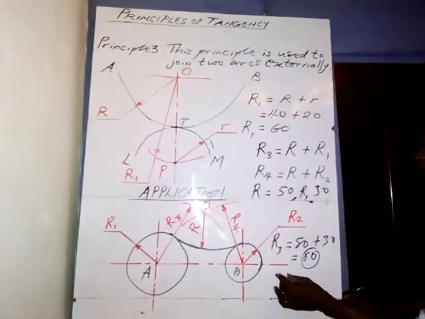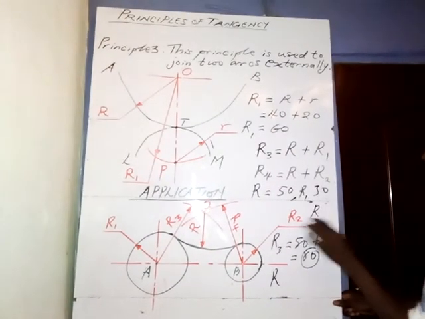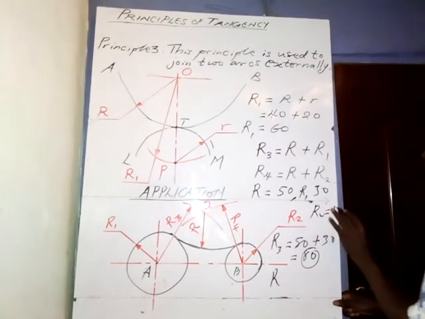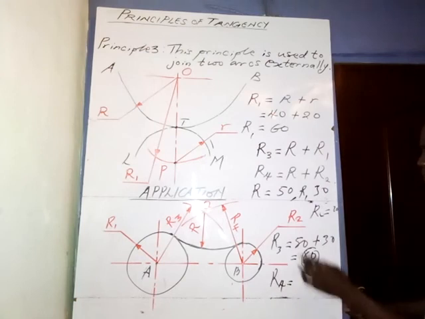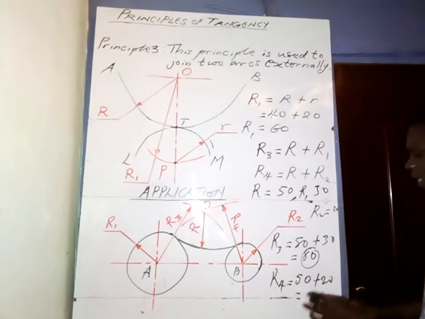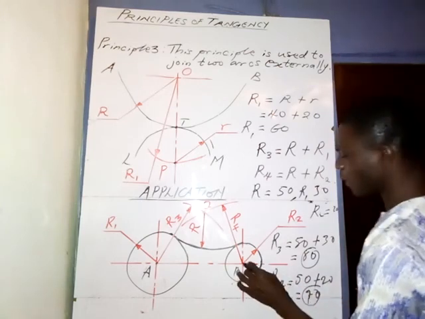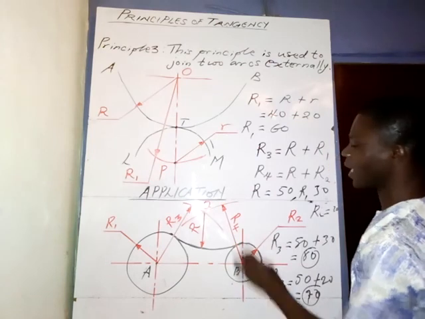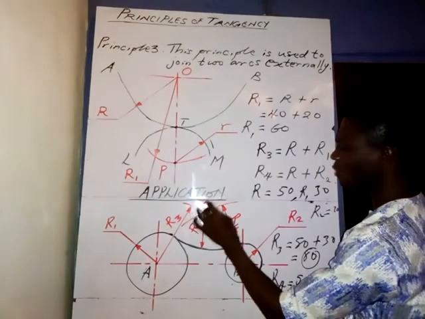Let's assume that R2 is equal to 20 millimeters. So R4 will be equal to 50 plus 20, which gives us 70 millimeters. You take these 70 millimeters with your compass, put the pinpoint at point B here, and draw this arc. So these two arcs intersect at this point, which is point Q.